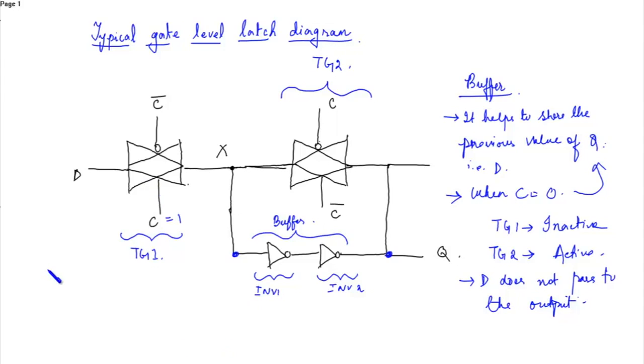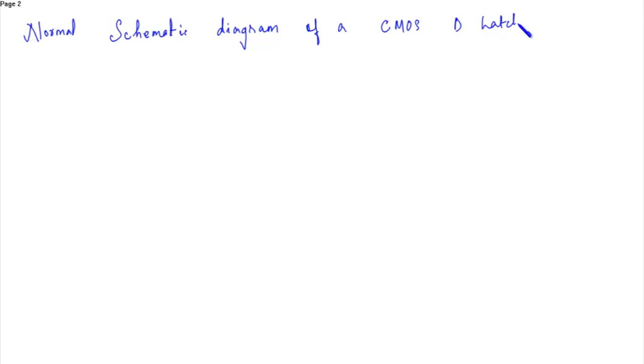Now let's see the schematic diagram by using the PMOS and NMOS. This is the normal schematic diagram of a CMOS D latch.